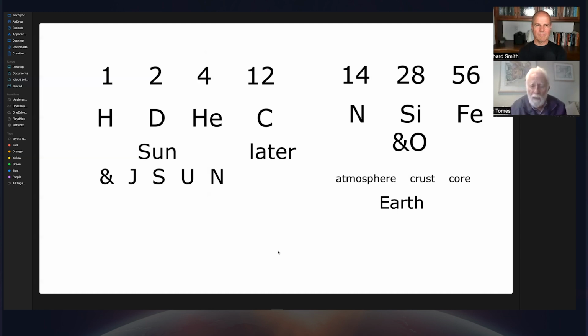The most common elements in the crust are silicon and oxygen. And silicon's got a mass of 28, oxygen 16. And the most common element, just about the bulk of the core, is iron, atomic mass 56. So we see there, we're doubling again, 14, 28, 56 is happening as we go.